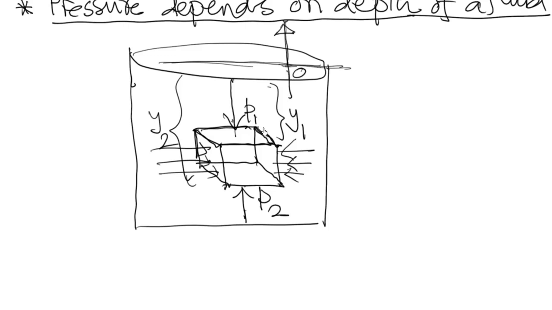So the pressure on the top surface of the sample is P1, so the force F1 is P1 into A, where A is the area of cross section of the top and bottom surface.